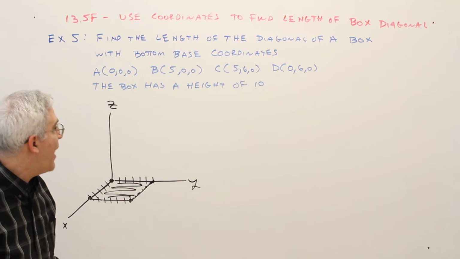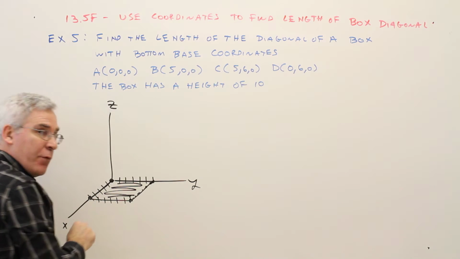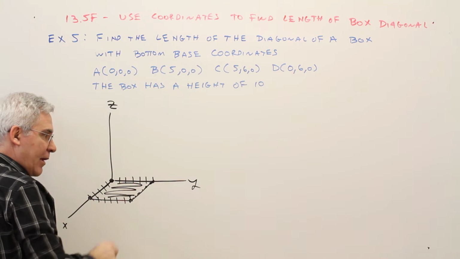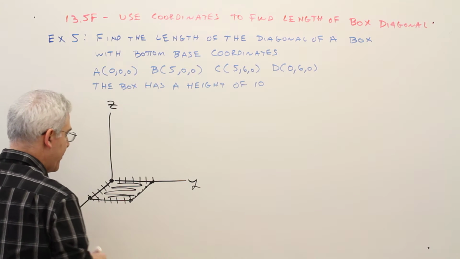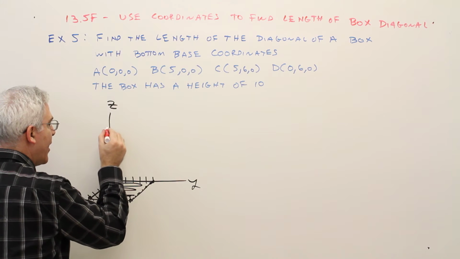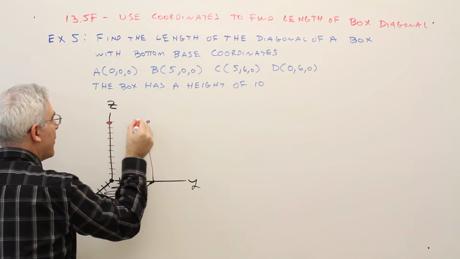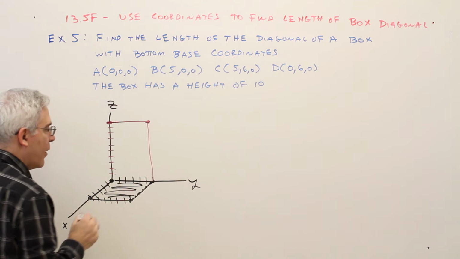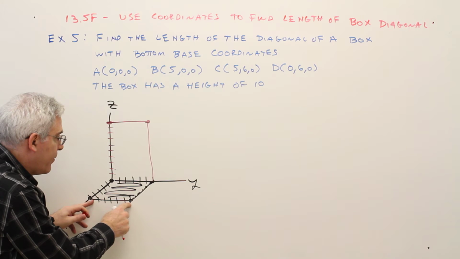Now all I want my box to do is go 10 units up from each of these 4 vertices. Okay, I'll start at these 2. These 2 are easier. 1, 2, 3, 4, 5, 6, 7, 8, 9, 10. Likewise up there. Then, from these 2, go up 10 units.